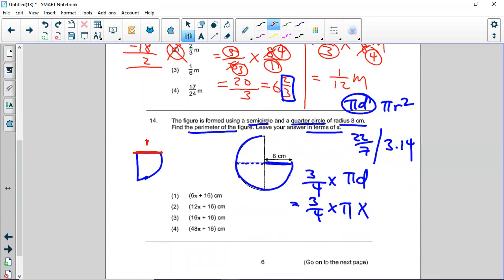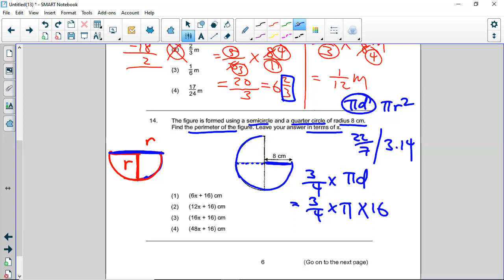This side is called radius. What do you call this side also? Same, radius. All right, and when you join two quadrants together, it becomes a semicircle, right? So these two radius joined together become a semicircle. And what do you call these two? Diameter. Okay, diameter. So you just take the radius times 2. So you take 8 cm times 2 becomes 16.